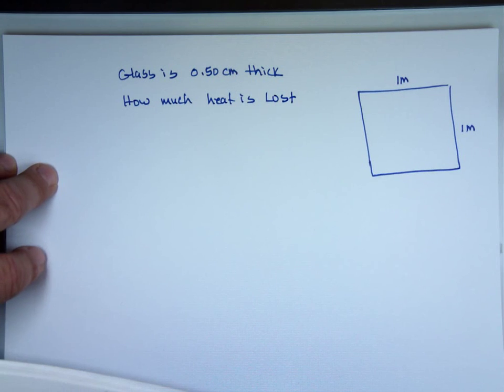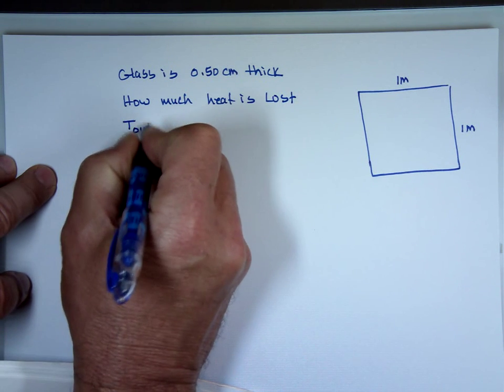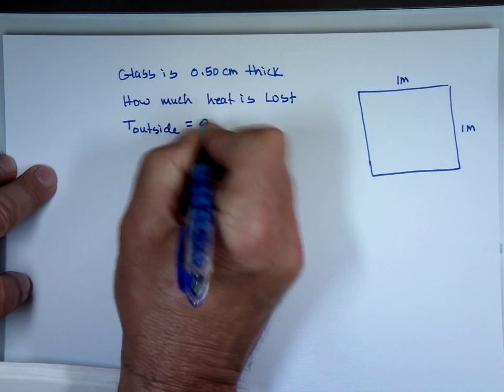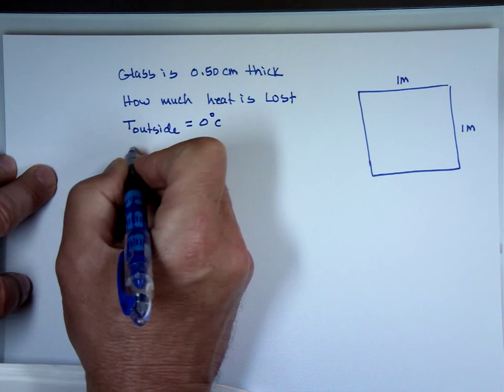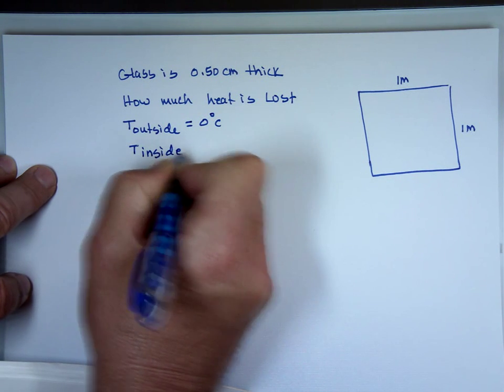Now we have to give you some numbers. Let's assume the temperature on the outside, in the air outside, is 0 degrees Celsius. And the temperature inside the house, you have it set up at 21 degrees Celsius.